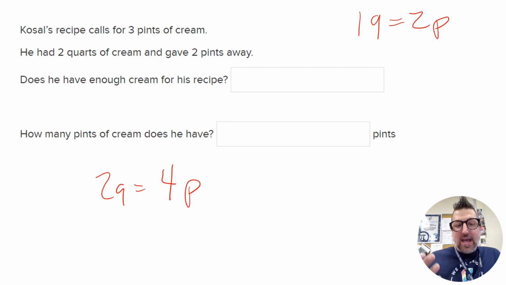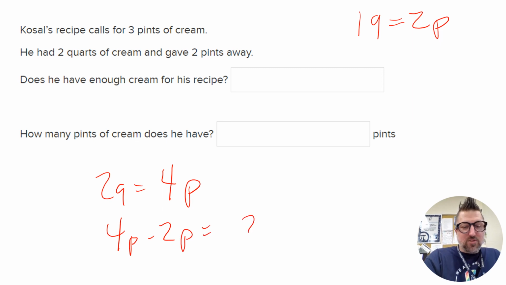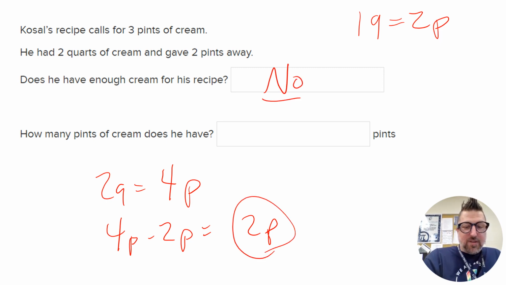If he had 4 pints and he gave away 2 pints, 4 pints minus 2 pints equals 2 pints. Does he have enough cream for his recipe? No. How many pints of cream does he have? He has 2 pints.